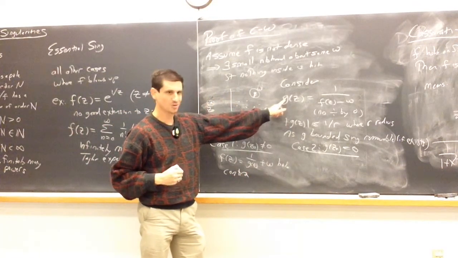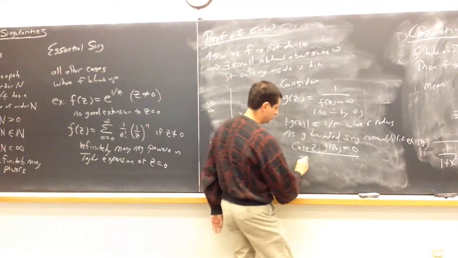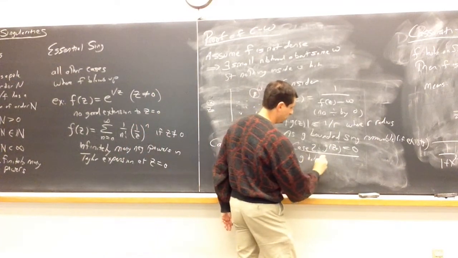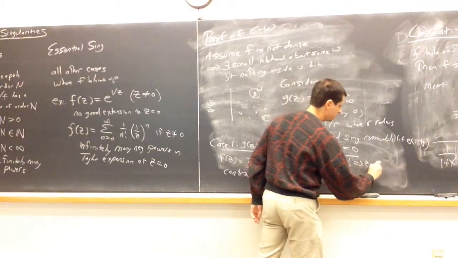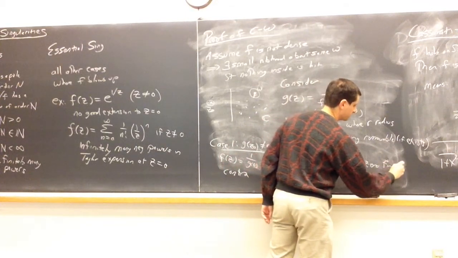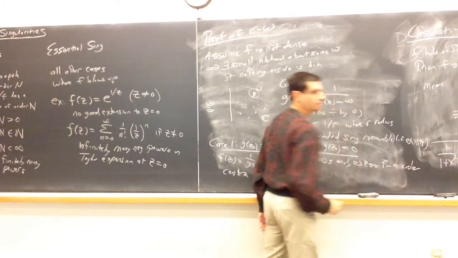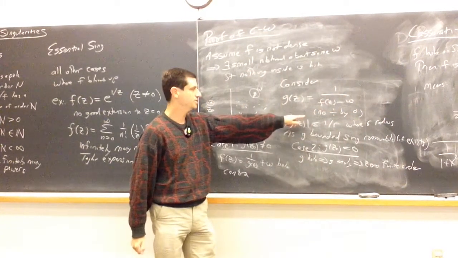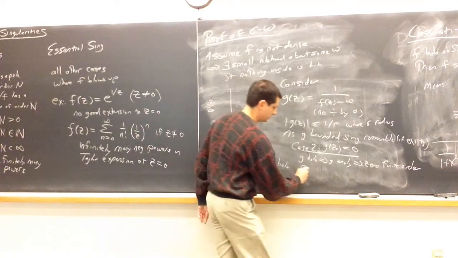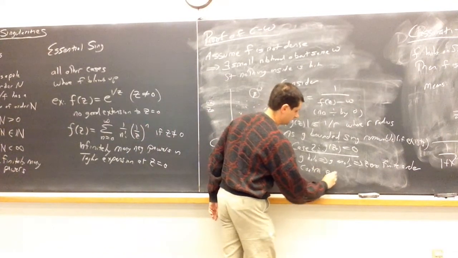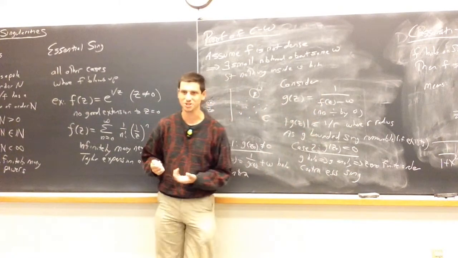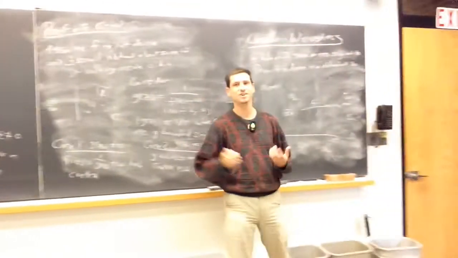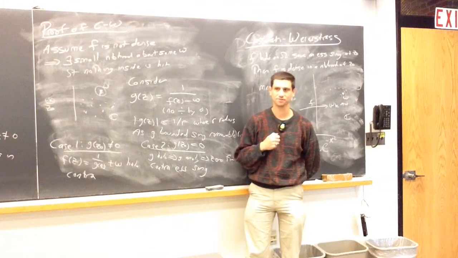Well, g is holomorphic, which implies g is analytic, which implies a zero of finite order. And that's going to contradict the essential singularity. This is why the definition of essential singularity is anything that does not have a pole of finite order.